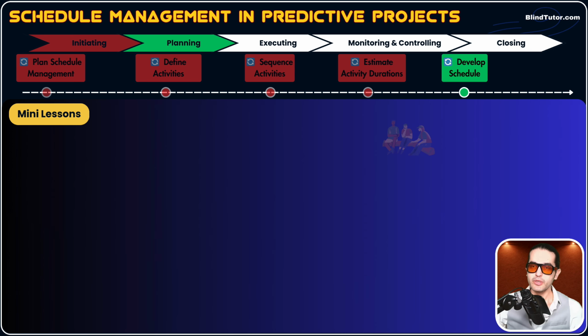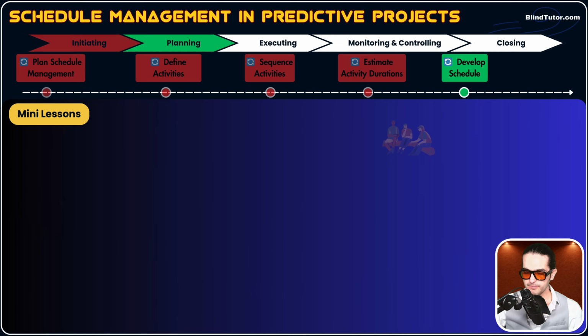Whenever the project faces a resource problem like overbooking, for example, we apply one of the resource optimization techniques. And then we learned about the schedule compression techniques. Whenever the problem is the project's deadline and we need an earlier finish date, we apply schedule compression techniques.